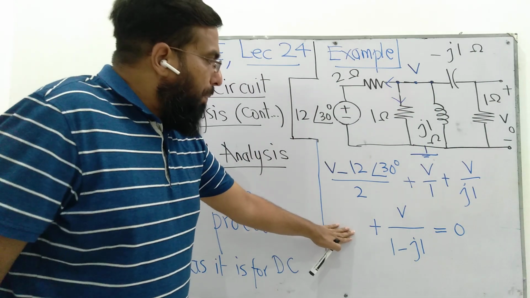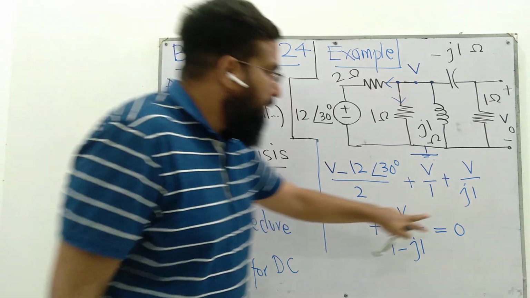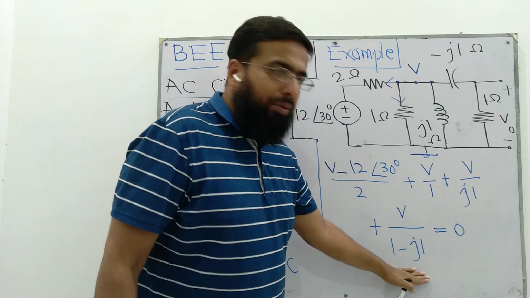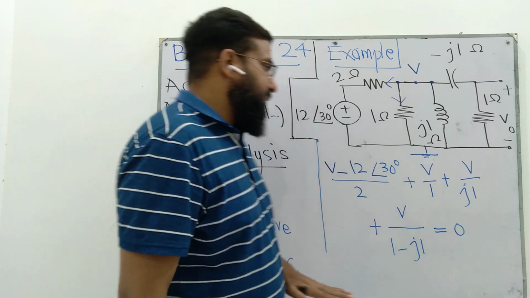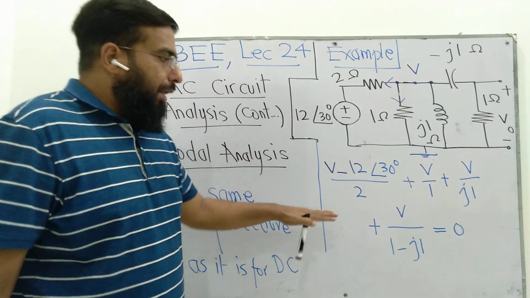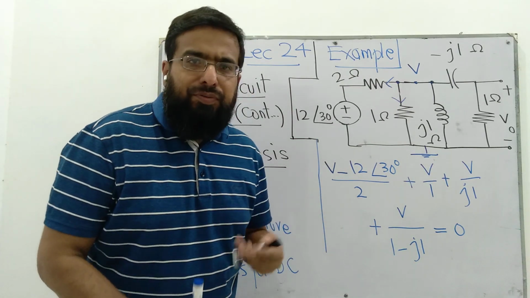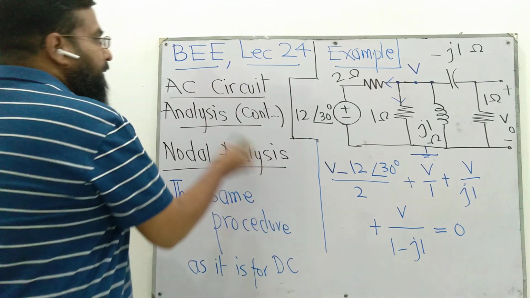Since it involves many complex numbers, this is a complex number having only an imaginary part, and this is a complex number having a real part and an imaginary part. Interestingly, in this equation we have only one unknown, which we can compute straight away.